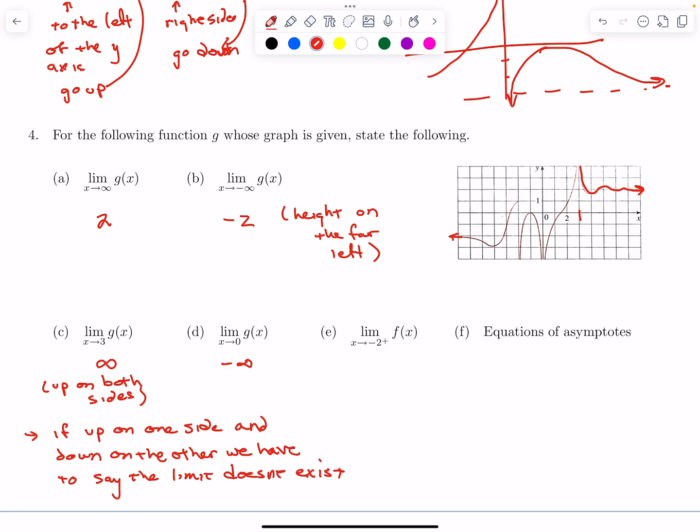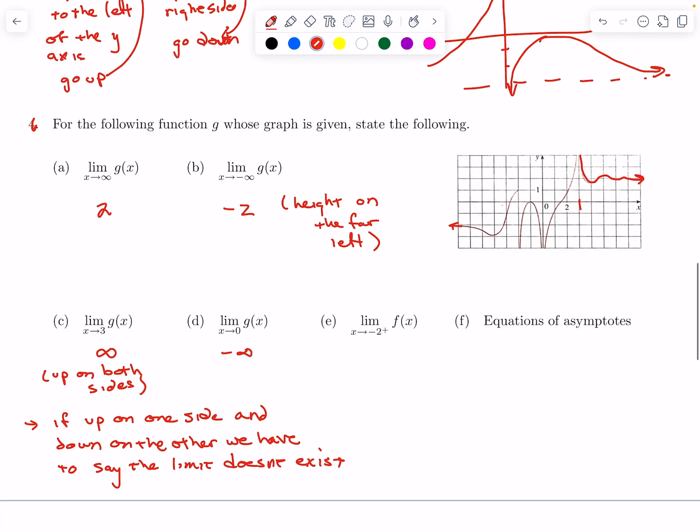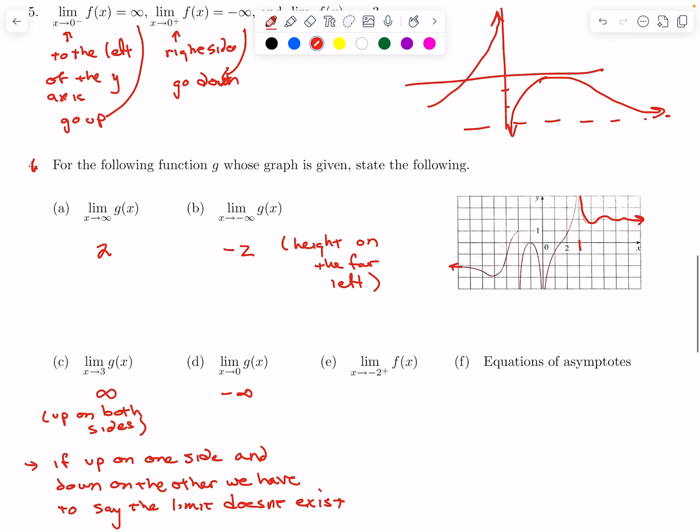So, for instance, on that previous problem, let's call this 6. Problem 5, it's approaching going up on the left side of the y-axis and down on the other side, so we'd have to say it doesn't exist. Okay, as we approach -2 from the right, looks like we're going to -infinity. Some asymptotes.